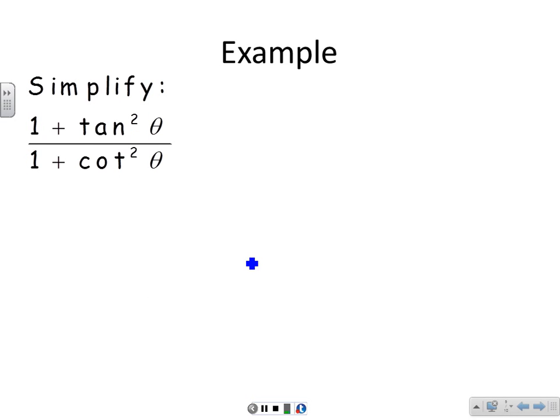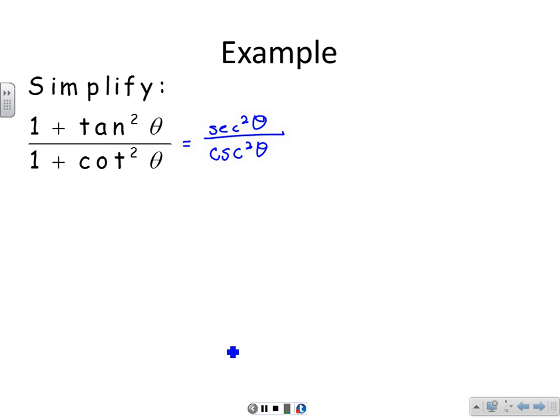Okay, so for this one, I think I'm going to use the Pythagoreans, because I know 1 plus tangent squared theta is the same as secant squared theta. And 1 plus cotangent squared theta is the same as cosecant squared theta.